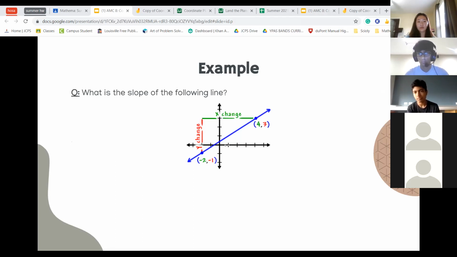And if it's your first time being introduced to this, it's okay if you don't understand. Sahil, when we solve this question, we will go over how to solve for the slope. It's easier to learn when you're looking at real examples.